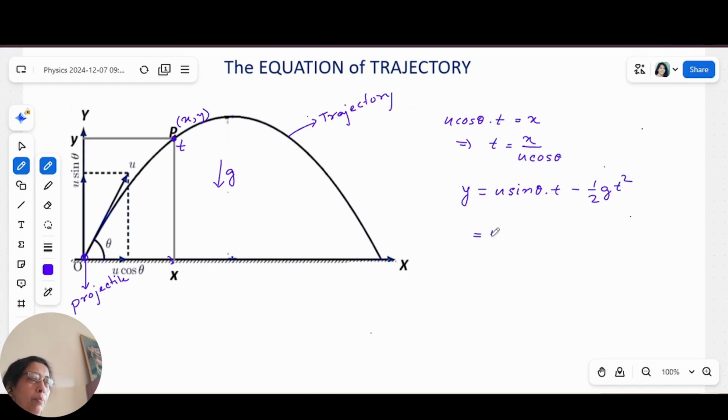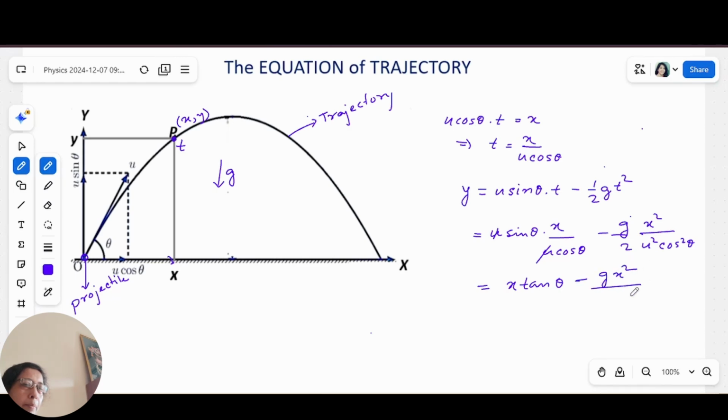Putting the value of t from the previous equation, u sin theta into x by u cos theta minus g by 2 into t squared, meaning x square by u square cos square theta, which reduces to x tan theta minus g x square by 2 u square cos square theta. So this is the equation of your path of the projectile.